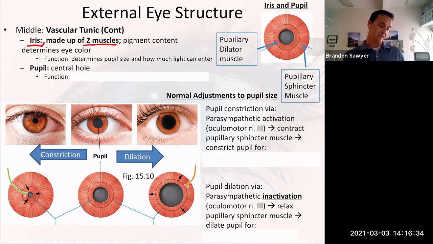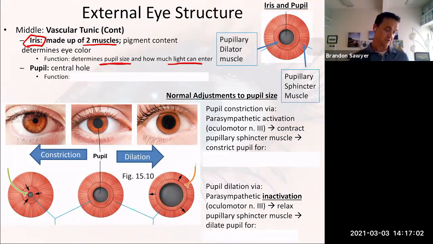There are two different muscles inside of the eye. We'll show them to you in a second, and they're colored because of the pigment inside of them. Their job is to determine how wide open the pupil is, and that helps us determine how much light can enter.